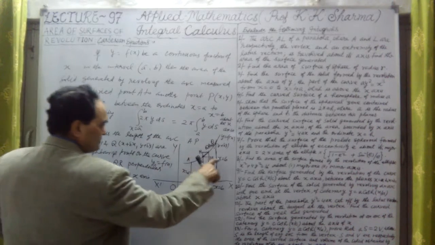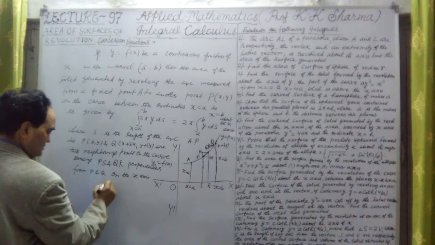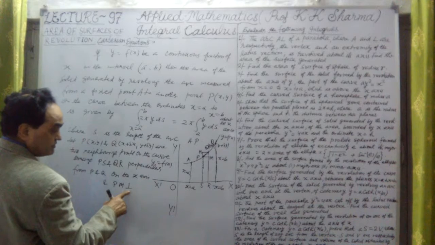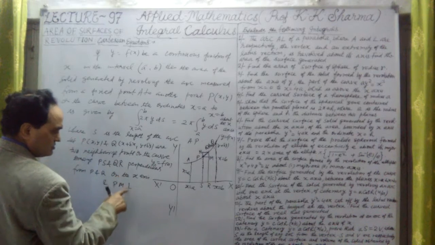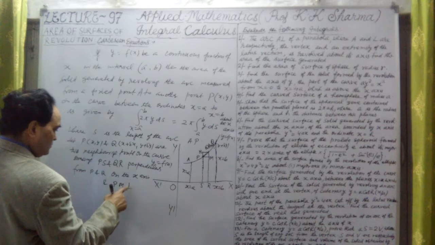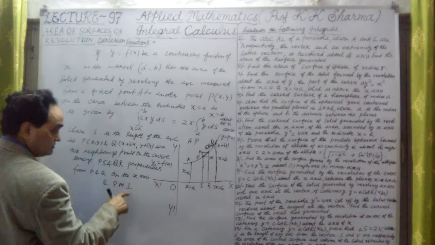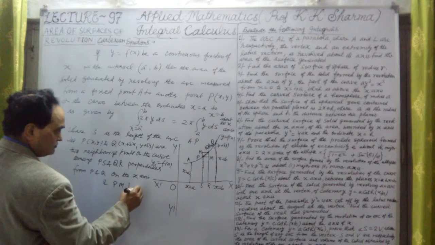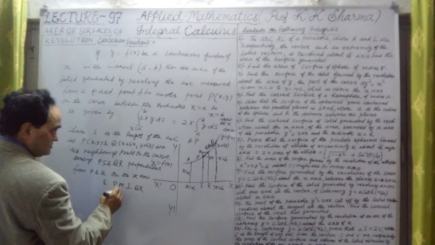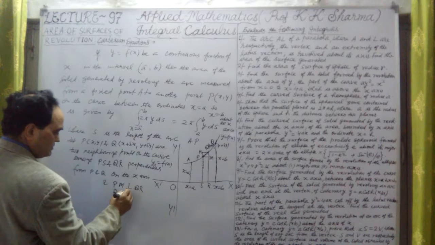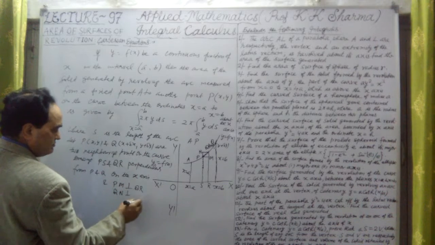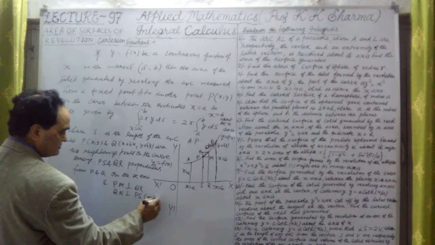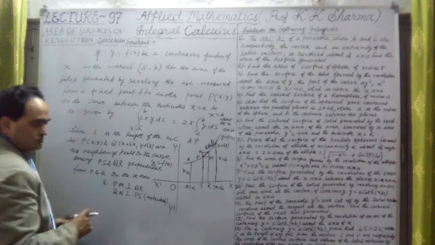Then PM is perpendicular to QR, and QN is perpendicular to PS extended. This is the perpendicular symbol, the inverted T. Got the point?